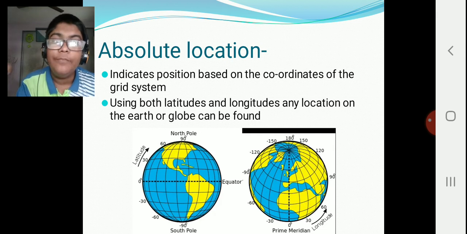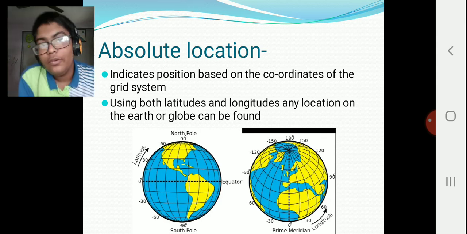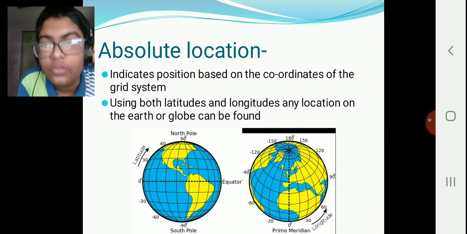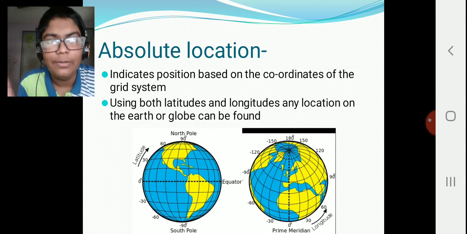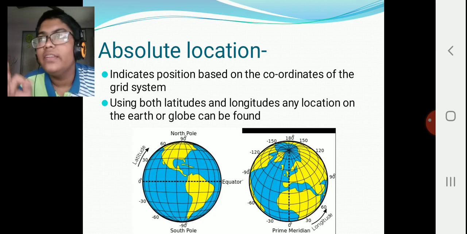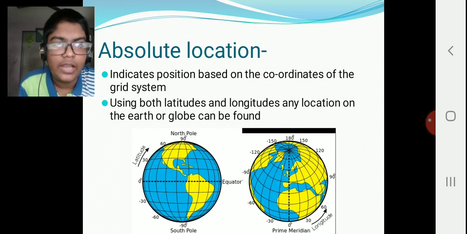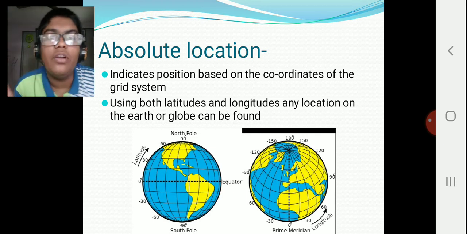With this the location can be found. If you want to know the location of a place specifically, say where is Singania school, I am just giving an example, I don't actually know the absolute location of that school, you will say it is 35 degrees north and 45 degrees south. That is the latitude and longitude, which makes the coordinates.